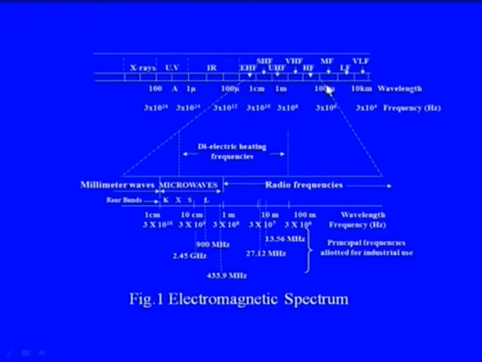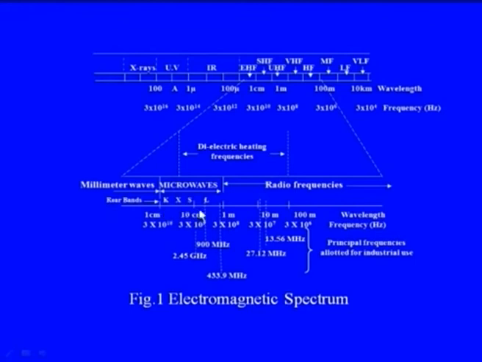Inside this, as I have already pointed out, 0.3 to 300 gigahertz is the range for microwaves. This comes in the range of 1 centimeter to almost 1 meter.